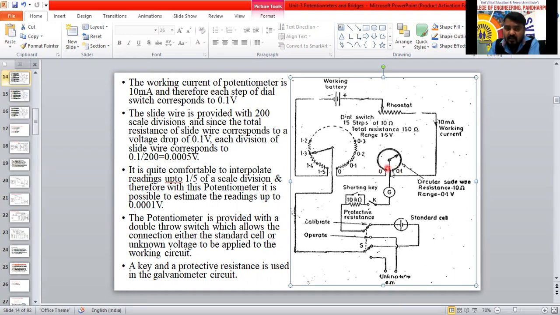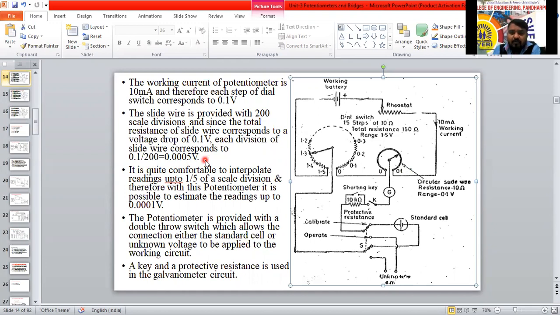The total voltage is 0.1; 0.1 divided by 200 is 0.0005 volt. It is nothing but 0.5 millivolts. You can call that 0.5 millivolts.